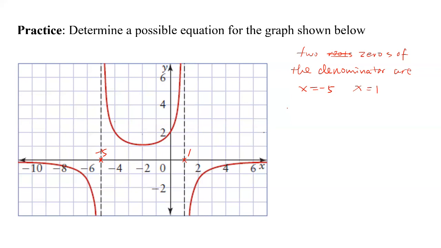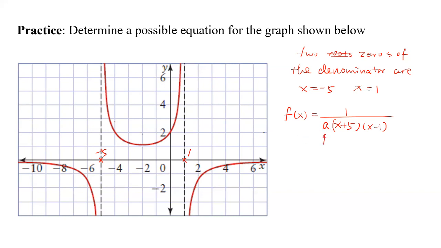So probably this function will look like this: f(x) equals 1 over (x plus 5)(x minus 1). In this way, the two roots are -5 and 1. And probably we'll have a stretching factor a, because the leading coefficient is not necessarily 1. So we will need to multiply a stretching factor a here.